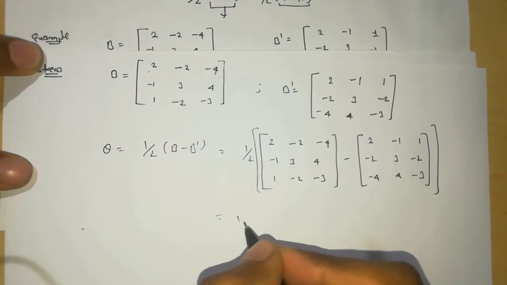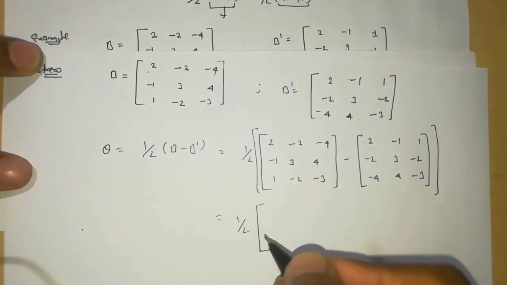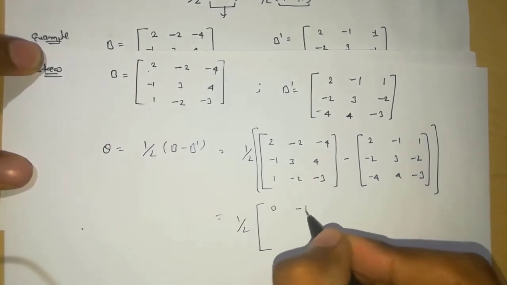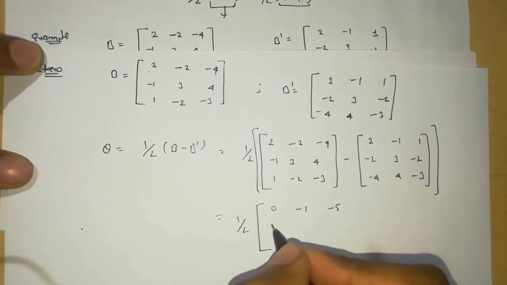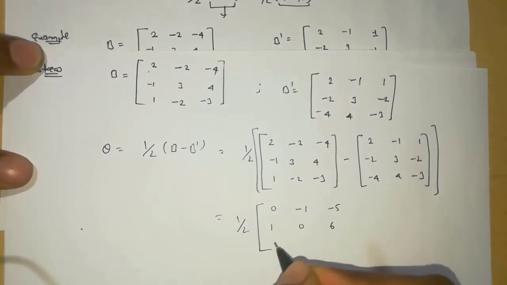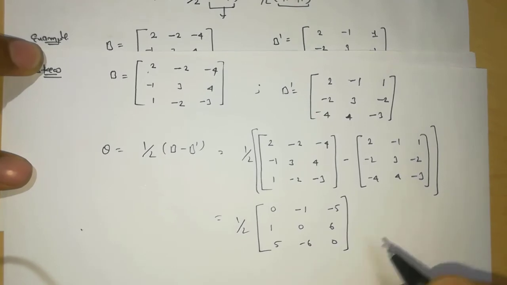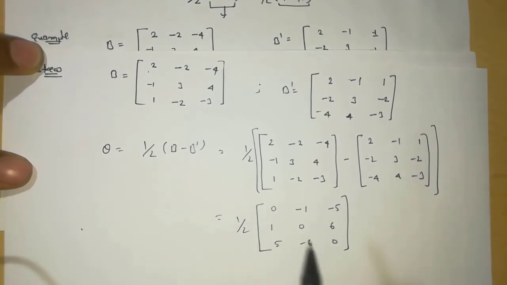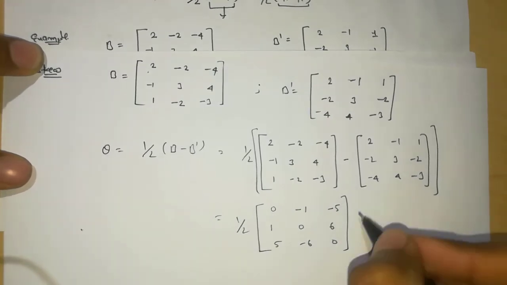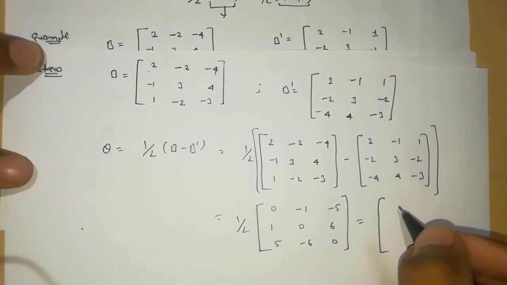Now the transpose of the matrix is 2, -1, 1, -2, 3, -2, -4, 4, -3. This is the transpose of matrix B.